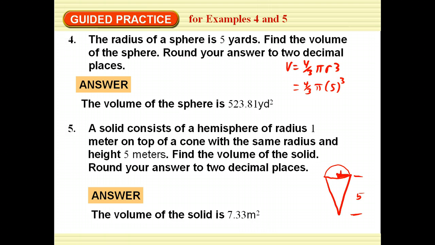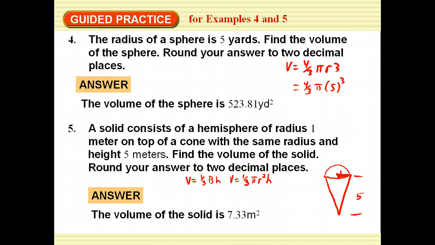So what we need is the volume of a cone. Remember, the volume of a cone is 1/3 of the base times the height. And my base is simply a circle, so that's 1/3 pi r squared h.